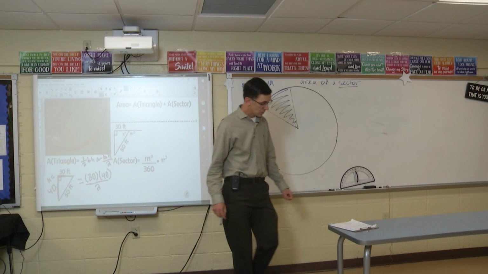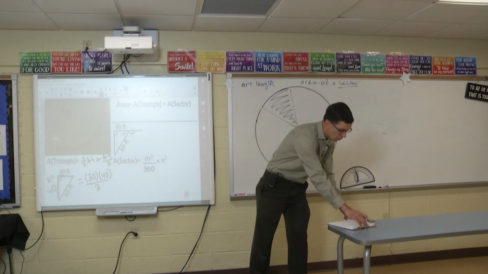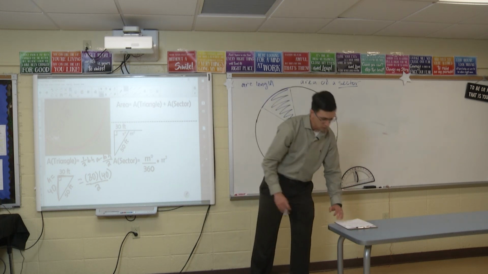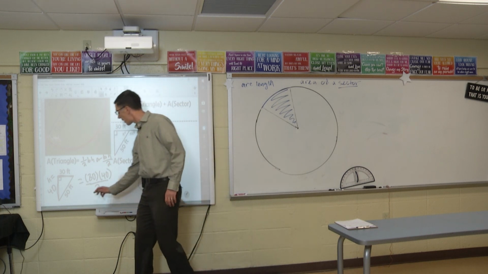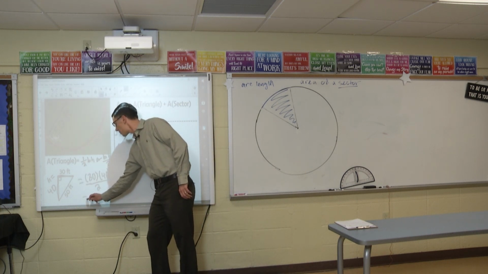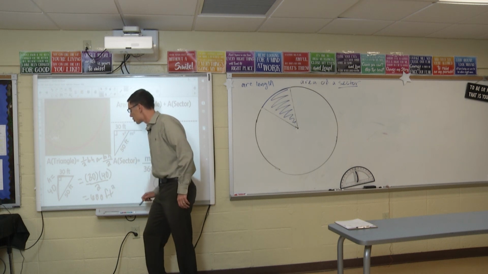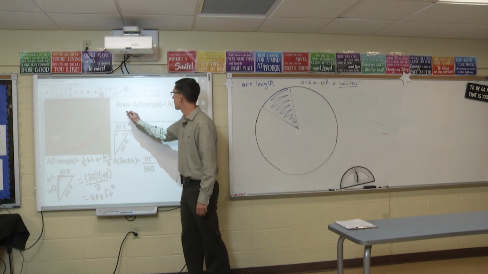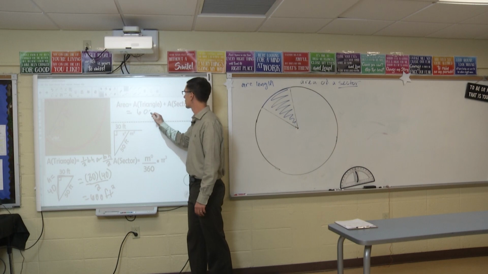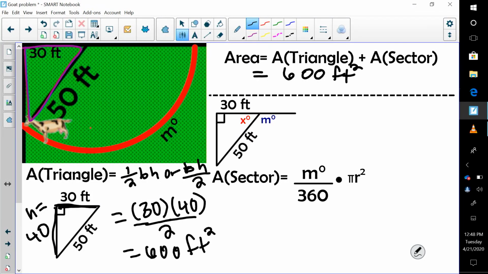So we have 30 times 40, which is 1,200, divided by 2, and that is 600 square feet.